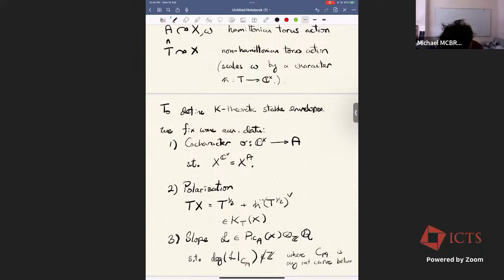So, two fixed points. I should say I'm going to more or less assume that we have isolated fixed points during this talk, just for simplicity. That's the first case you should think about. But a lot of what I say generalizes easily to more general fixed points.